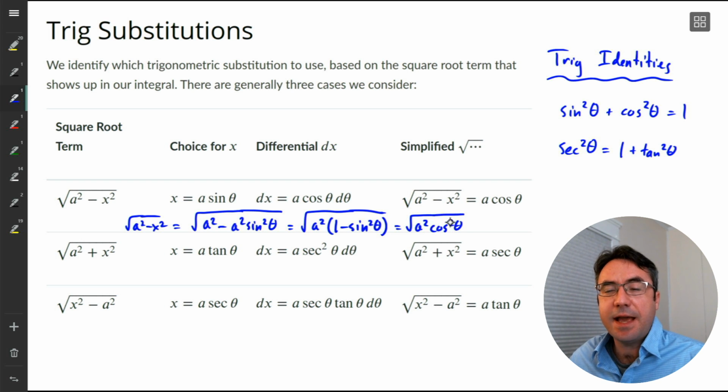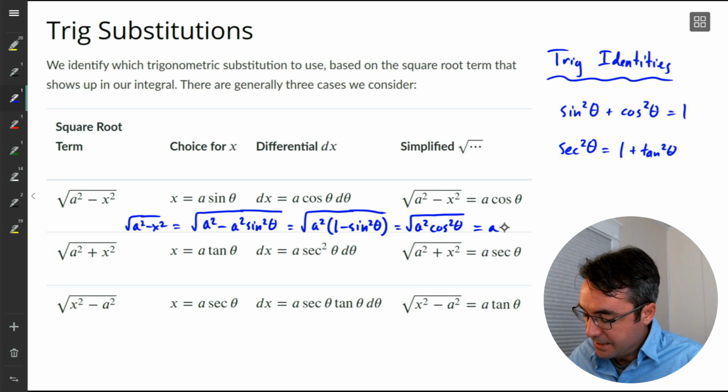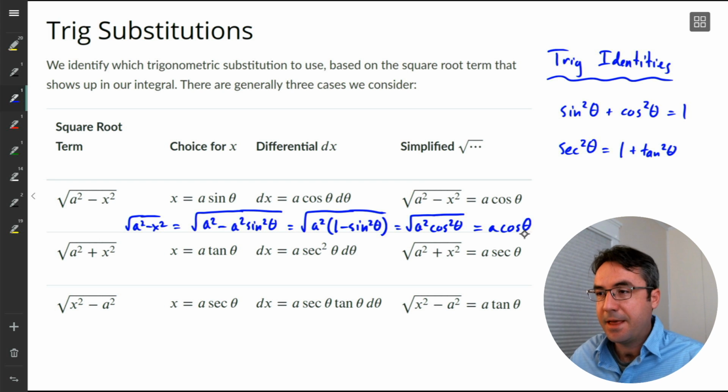And depending on the value of theta, it's a finer point there, but the square root and the squares end up canceling. So we end up with just a times cosine theta.